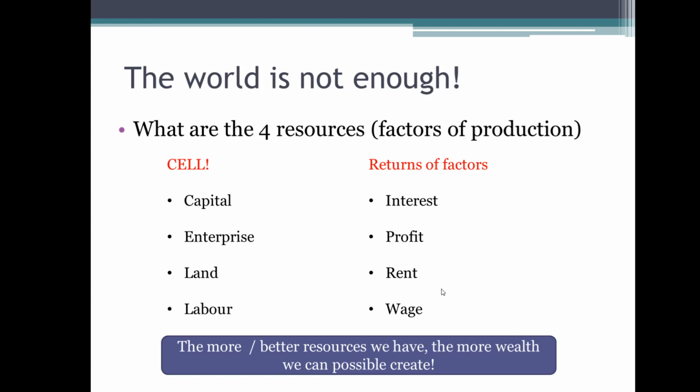And then you want to ask yourself, why do some people have more land, why do some people have more capital than you? Is it because they deserve more land or more capital? Not really. But why would they have more resources than you have in this society?